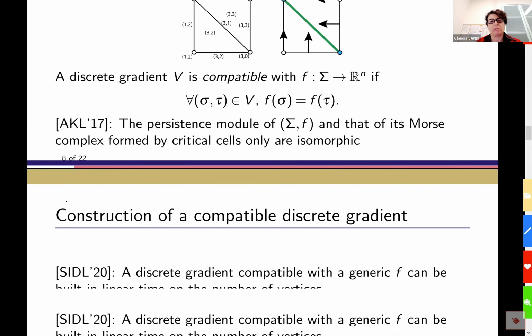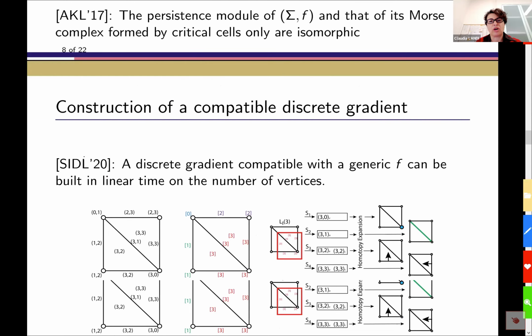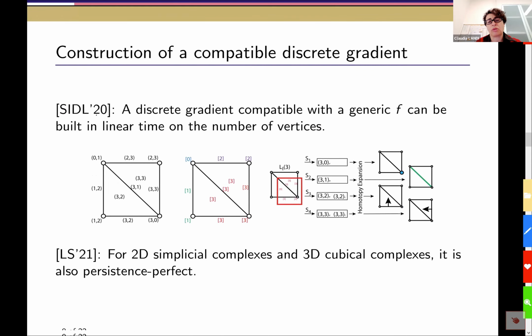And so working on the Morse complex, which is the complex consisting only of critical cells, is the same as working on the original complex, and therefore one wants to build gradient vector fields that have the minimum possible number of critical cells.